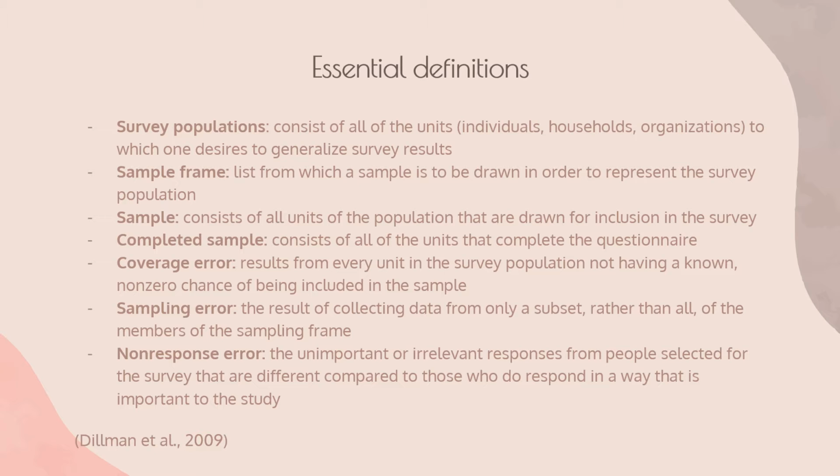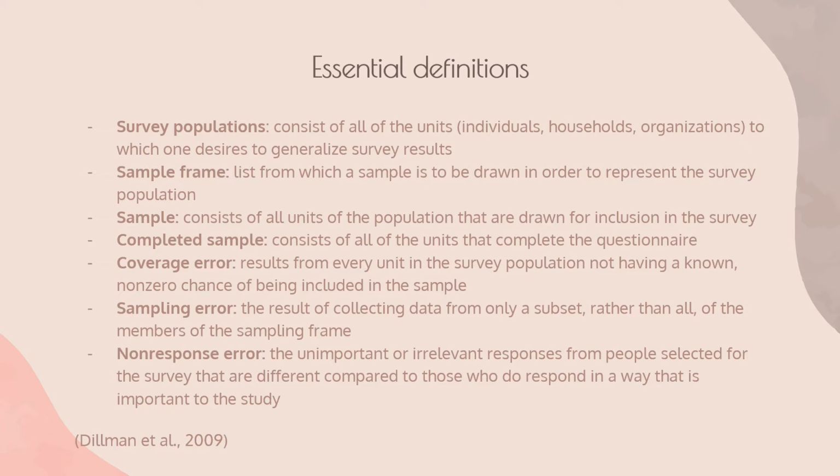Coverage error results from every unit in the survey population not having a known non-zero chance of being included in the sample. The sampling error is the result of collecting data from only a subset rather than all of the members of the sampling frame. In other words, it's only gathering data from a certain portion instead of actually receiving the data we want that would represent the whole group or the whole population, which could lead to misrepresentation of the group as a whole.